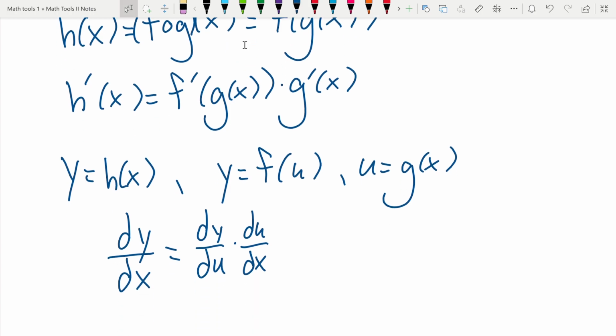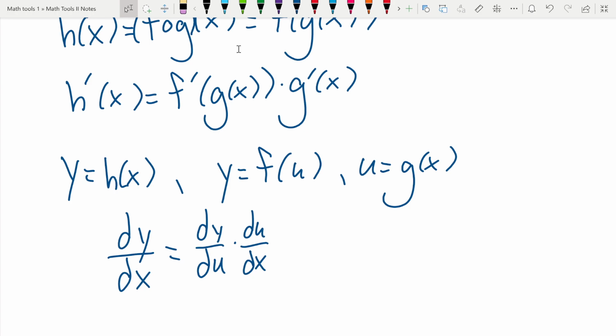This is where the Leibniz notation starts to show its nature. If we thought of these as fractions, the du's cancel out, and we're left with dy over dx. This is actually one of the biggest reasons why this notation is used, because of the chain rule.